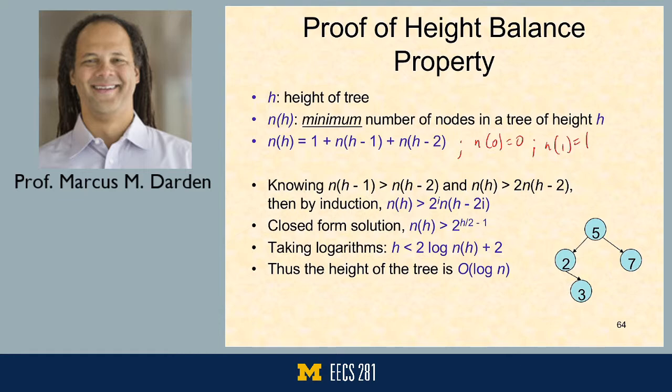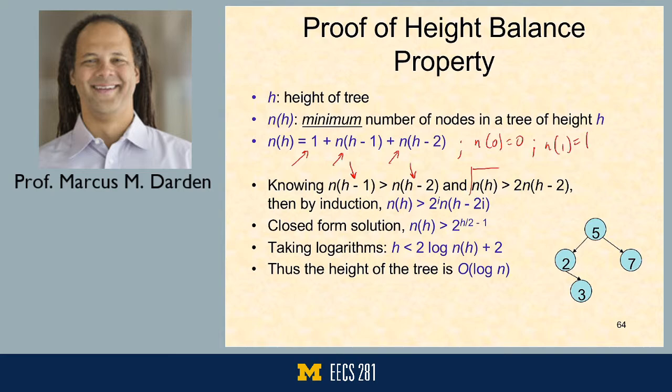All right, knowing that, I can say that n of h minus 1, right, that's the tall side, has to be more items than the short side. That's a pretty simple definition. So if I take and add those two together, remember, n of h here is 1 plus a tall side plus a small side. So I can say if the tall side has more items than the small side, then if I add up 2 small sides, that's got to have fewer items than a tall side and a small side.